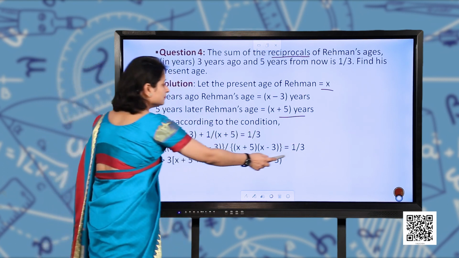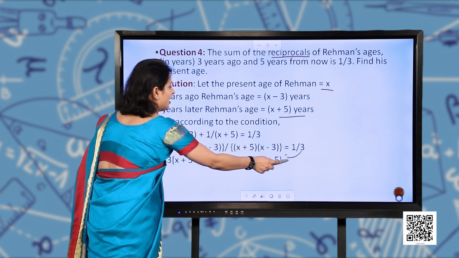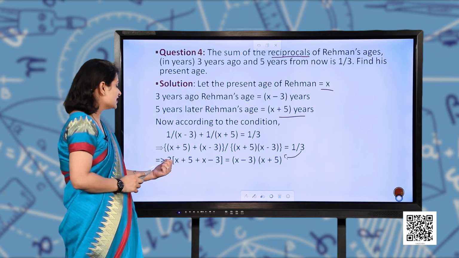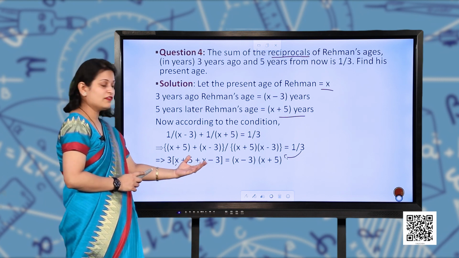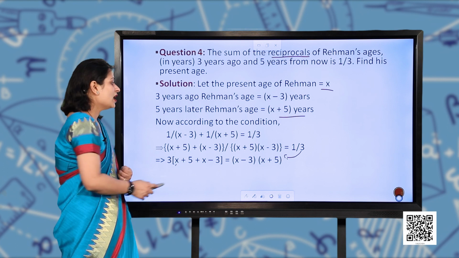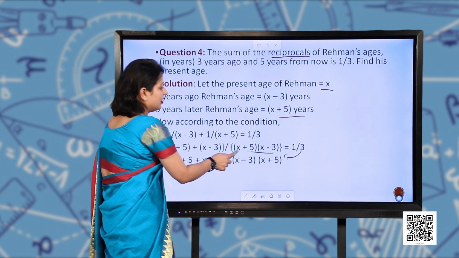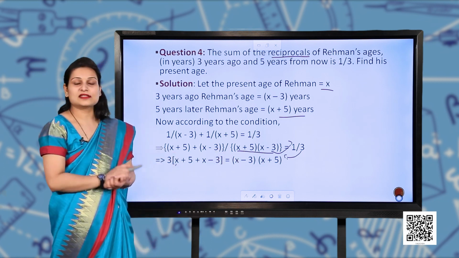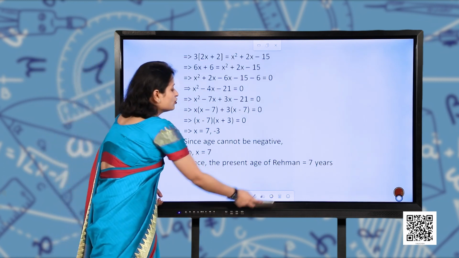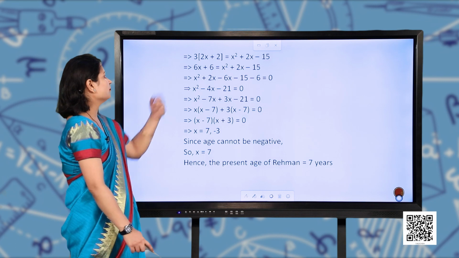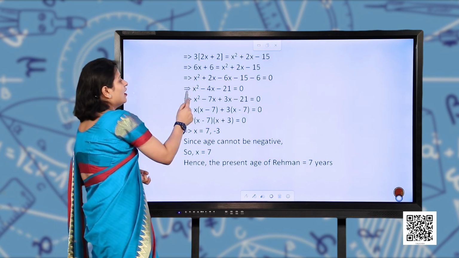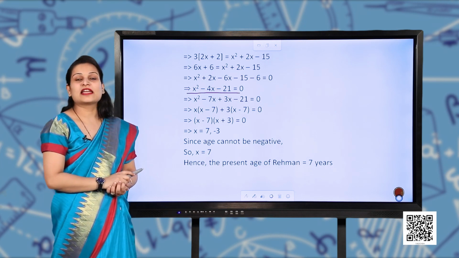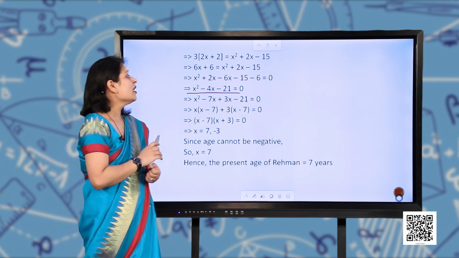Now, you can take 3 into x plus 5 plus x minus 3 in the numerator, and the denominator goes here in the numerator. So, you will get x minus 3 into x plus 5. Solving this equation, we get a quadratic equation: x square minus 4x minus 21 equals 0.